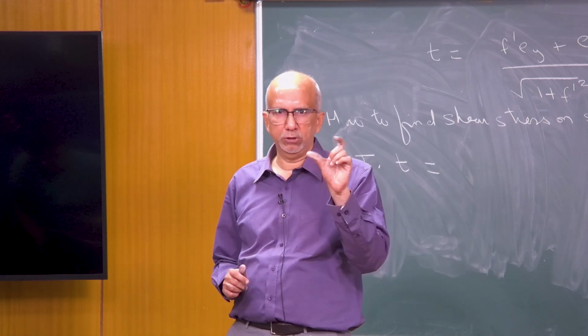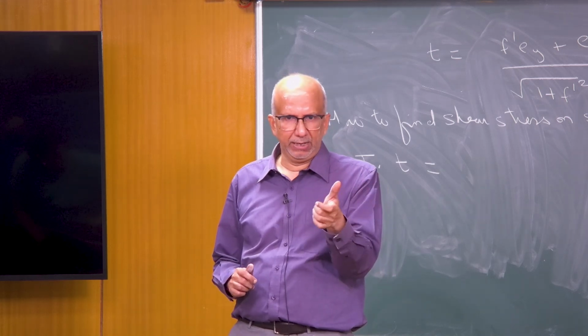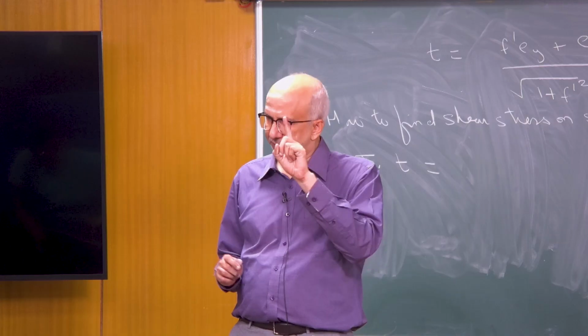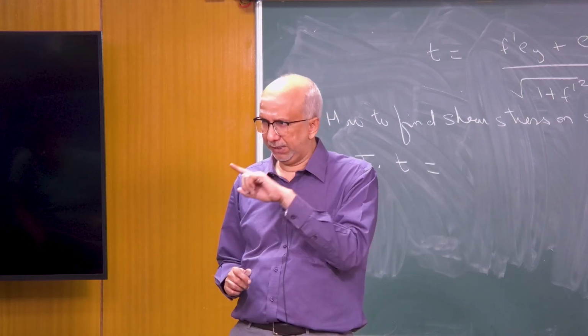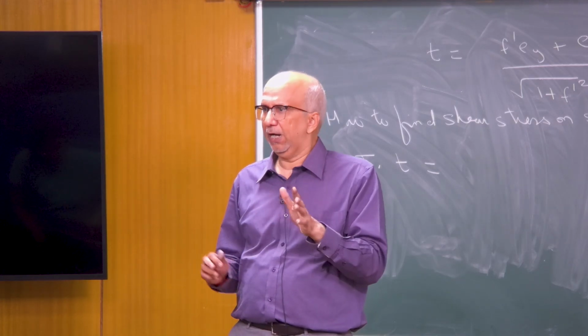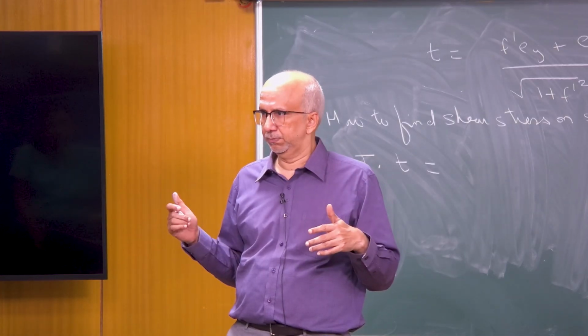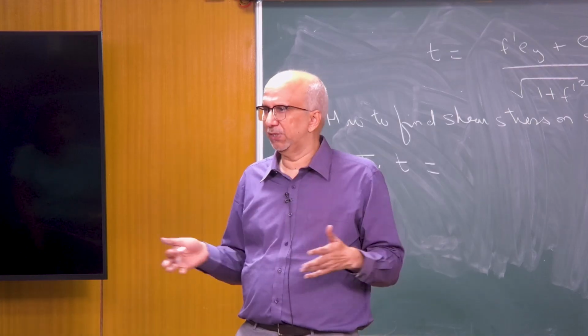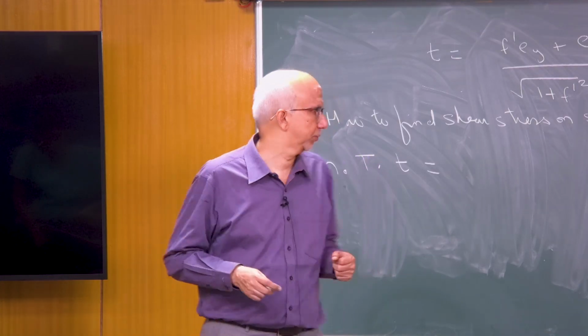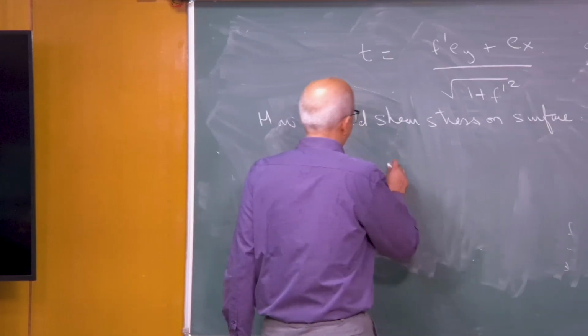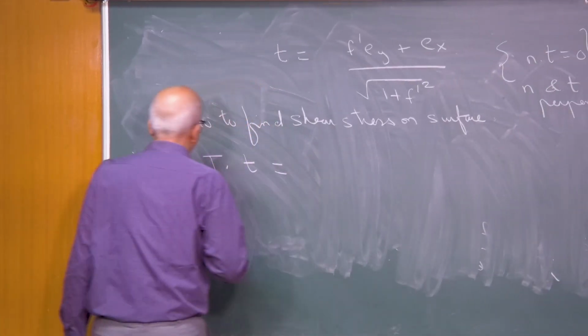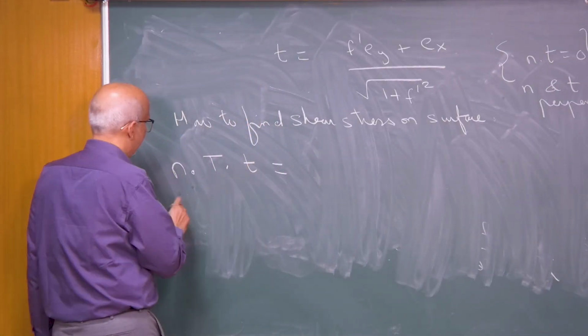So, n also has only 2 components, Ex Ey, t has Ex Ey. The stress tensor capital T will also have only x and y. It is not going to be a 3 by 3 matrix, it is going to be a 2 by 2 matrix. Other elements will be 0, so let us not waste our time. I need a scalar at the end of the day.